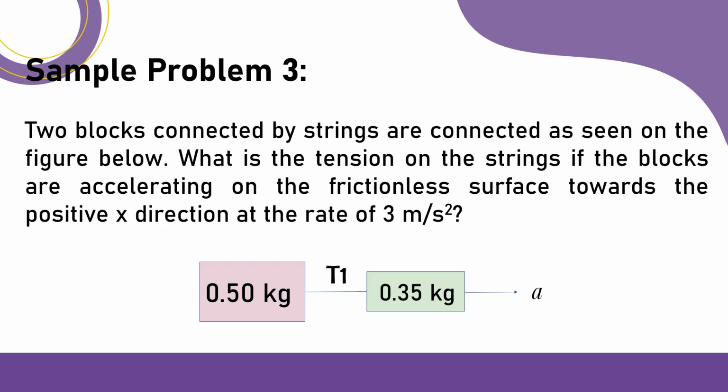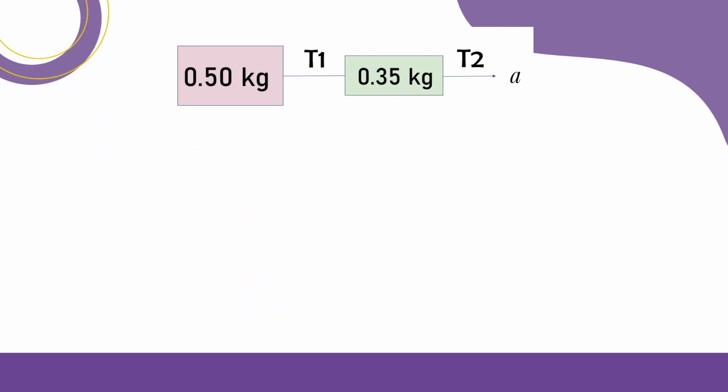We now have tension 1 and tension 2 here, and we have two masses, 0.5 kilograms and 0.35 kilograms. In this problem, we are looking at horizontal forces, so we would not include gravity in the computation of our tension.